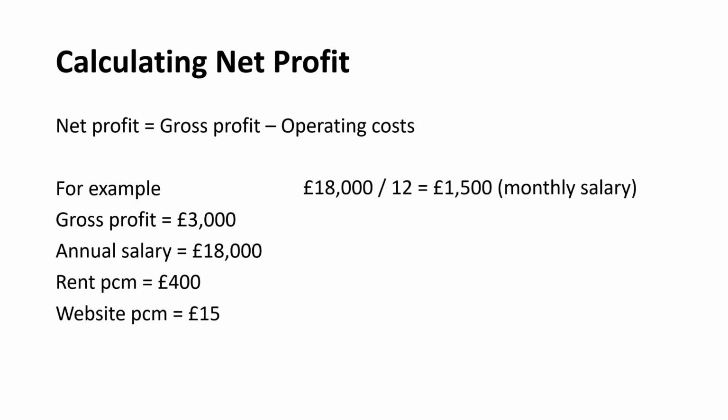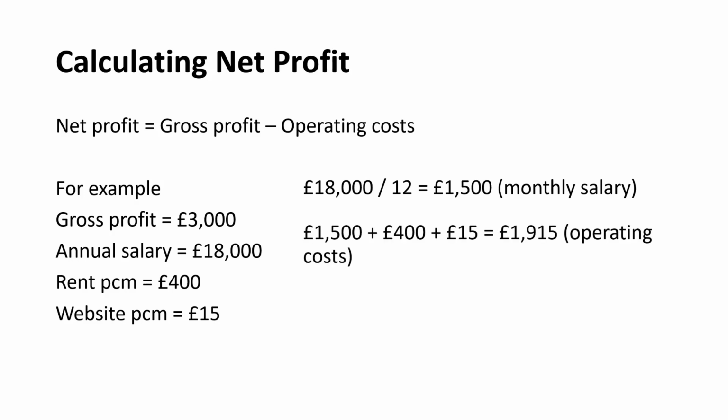So firstly, what we would need to do is divide that annual salary into the salary for the month. So we would take that £18,000 and divide it by 12, and we get the answer of £1,500 a month. We then add the other operating costs together. So we have the £1,500, the £400, and the £15 to equal £1,915 in operating costs.